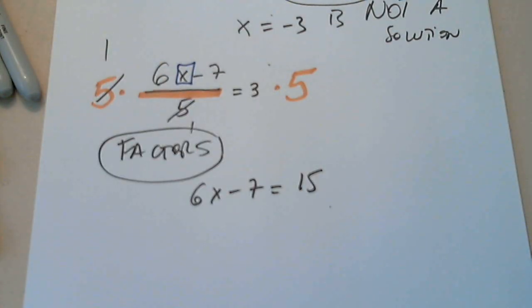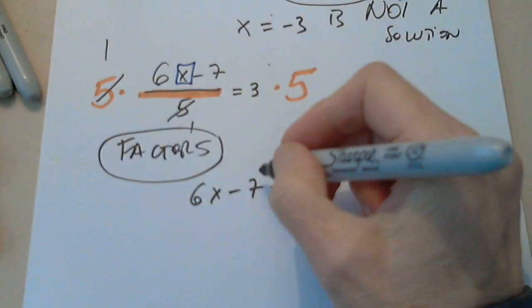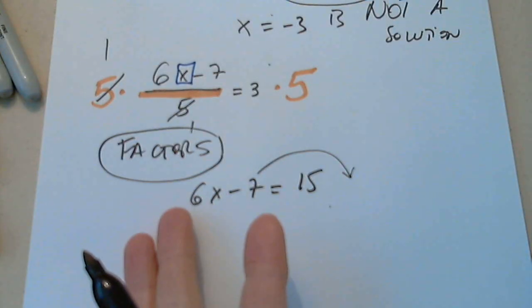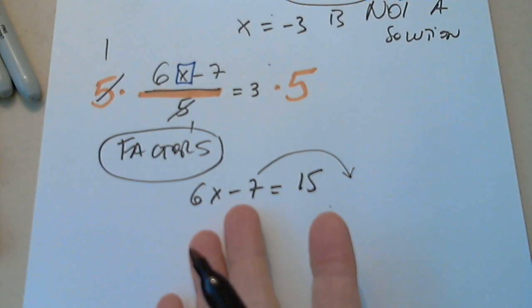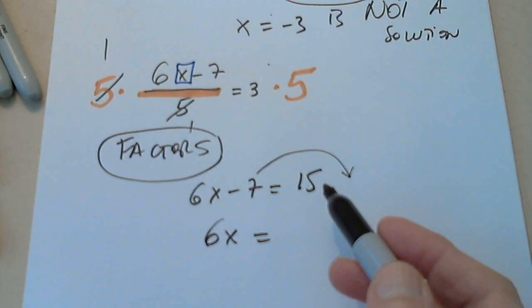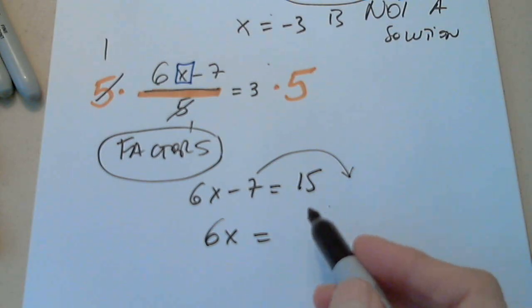Now I have to peel off or remove what? Minus 7. Yes. In order to peel off minus 7, all I have to think of is I'm moving a term from one side to the other. It's negative here, it will be positive there. So 6x equals 15 plus 7, which is 23.